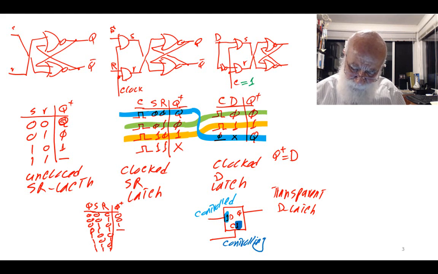This is no good. 1 0 0, 1 0 1 is 0. 1 1 0, that means Q is, let me show a tiny line here.